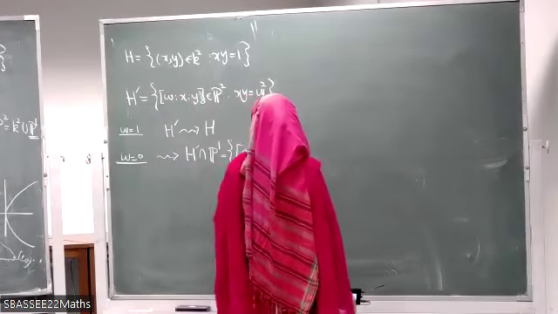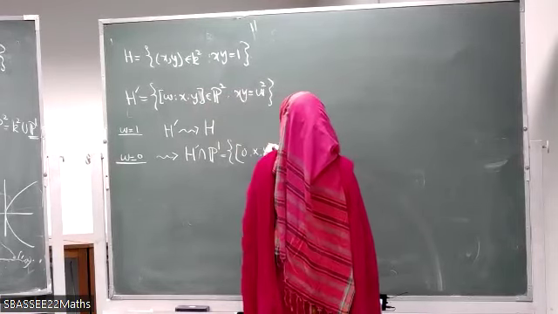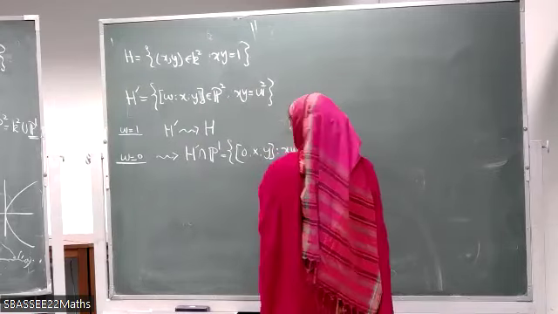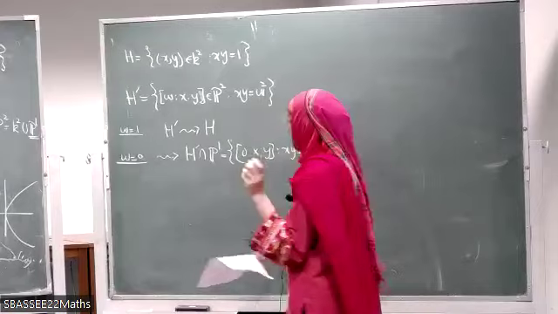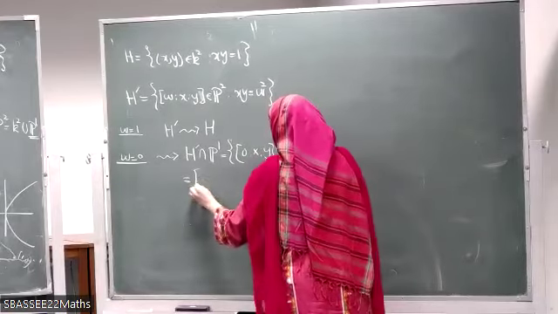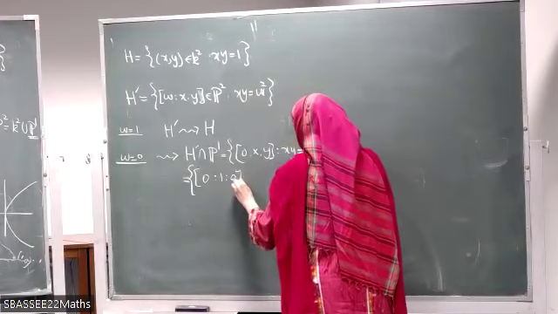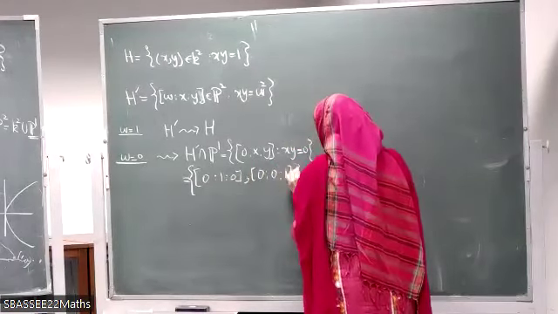This is 0, which means that xy is equal to 0. So either x is equal to 0 or y is equal to 0. This gives you 2 points here: (0, 1, 0) and (0, 0, 1).